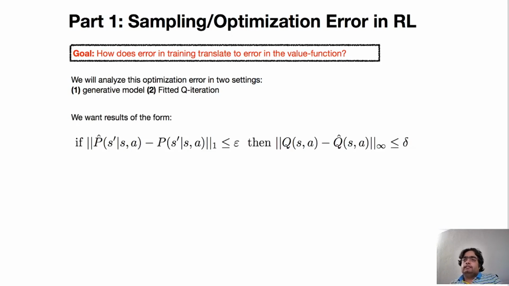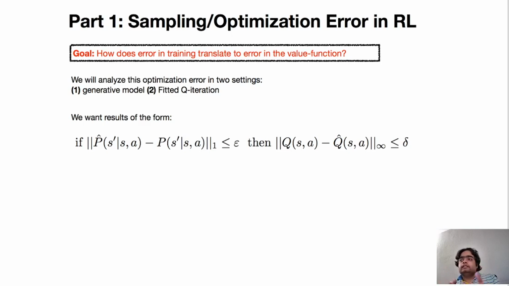So we are aiming for results that show something like what you see here on the slide. We want to be able to say intuitively that if the learned dynamics model p hat is close enough to the actual dynamics model p, if their L1 distance is small enough, then the learned Q function, where the Q function is learned by planning under this learned dynamics model, is close enough to the actual Q function.